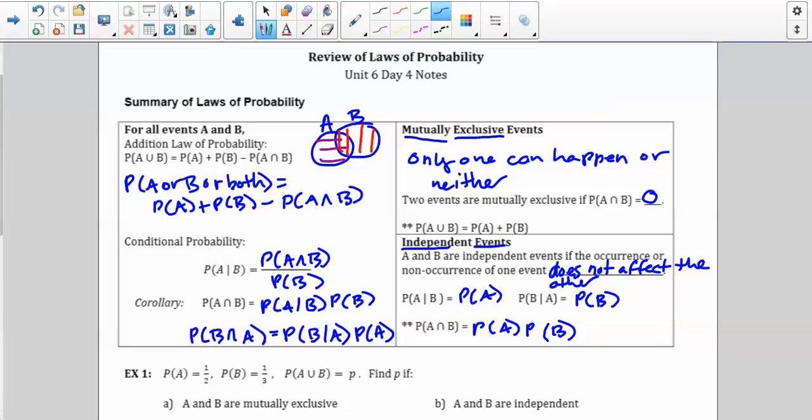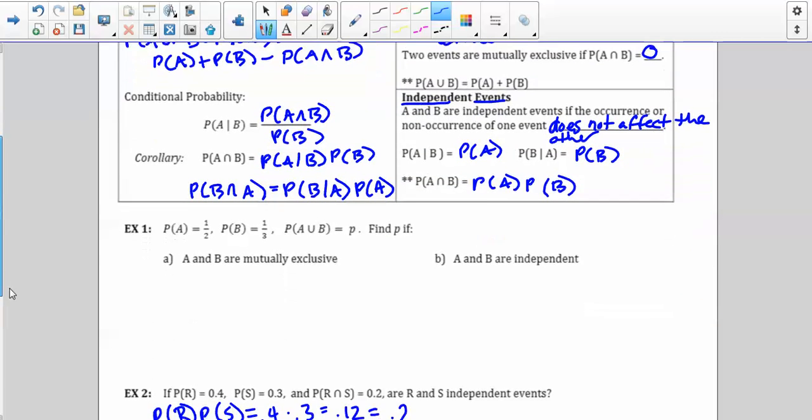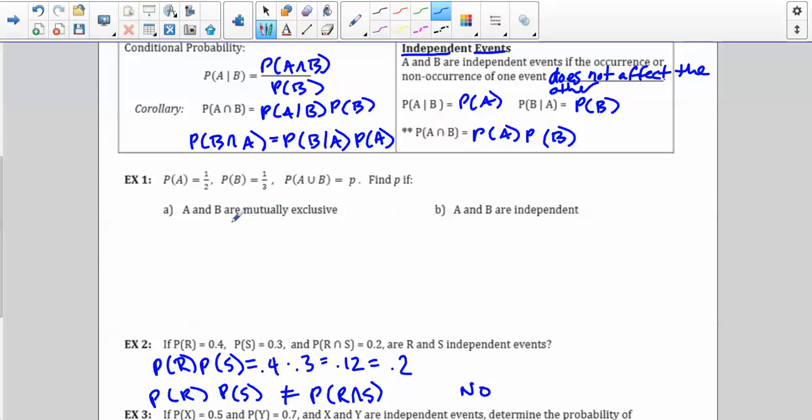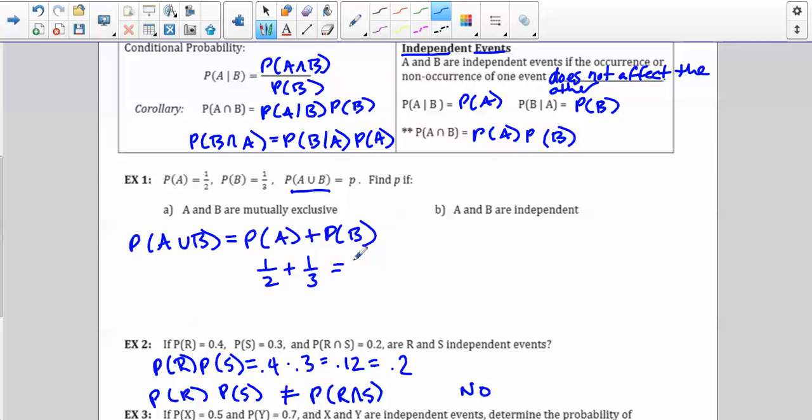Okay, so let's look at an example here. If A and B are mutually exclusive events, then the probability of A or B is just going to be the probability of A plus the probability of B. So we're going to have 1/2 plus 1/3. With common denominator, it's going to equal 5/6. If A and B are independent events, then we need to use our formula, and we need to find the intersection first.